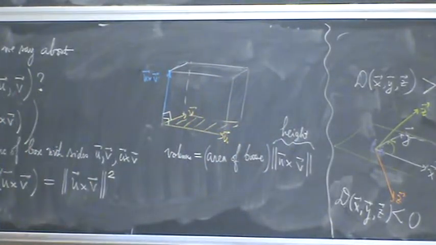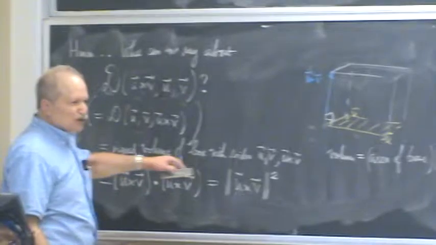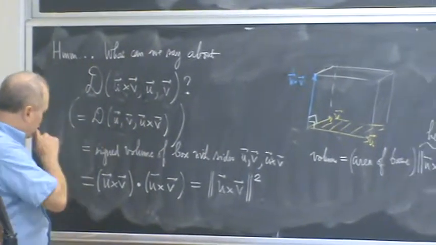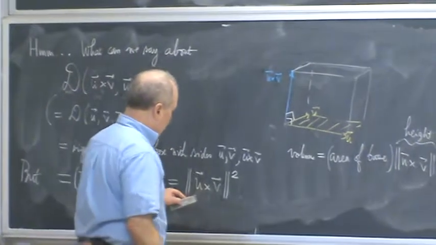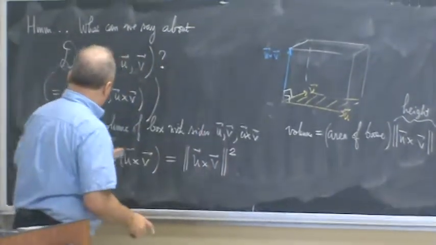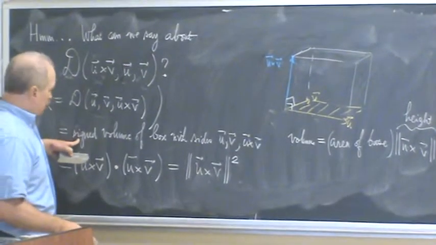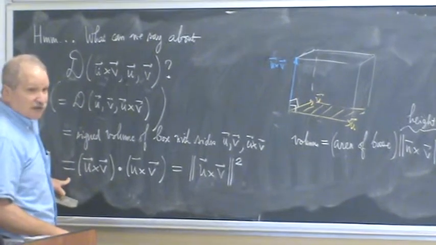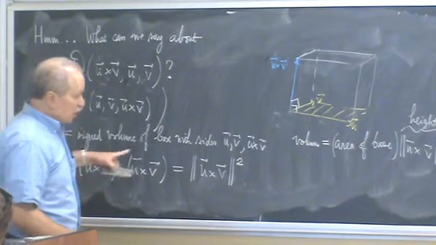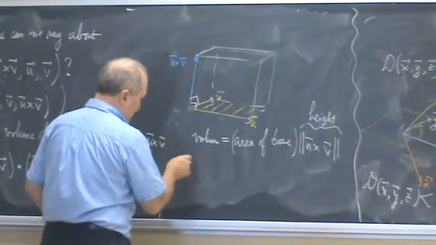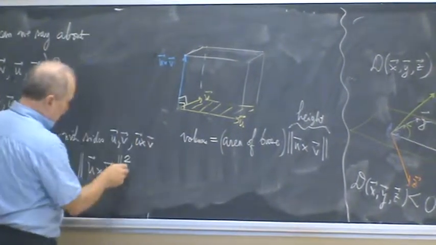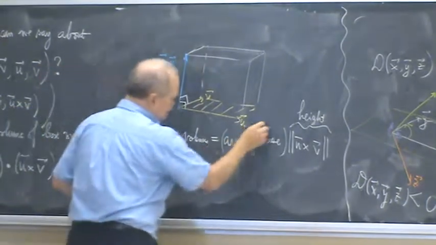So what do I conclude if I juxtapose these two ways of looking at the volume? First of all, I notice that the signed volume is positive. So it equals the volume. So first, the signed volume is positive. Secondly, I have this number equals this number.